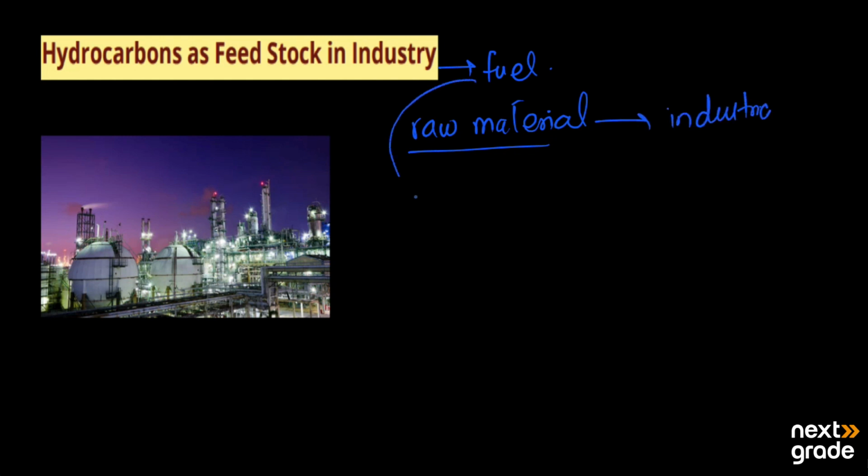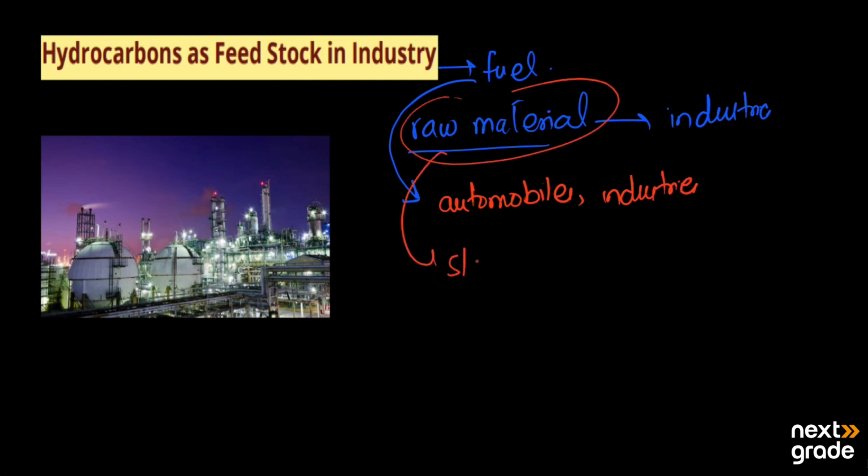When we talk about their use as a fuel, it is also used in the automobiles and in the industries. Along with it, it is used as a raw material. Raw material means the starting material for the production of different substances. All the industrial work happens due to the feedstock. Feedstock means the starting material or the raw material that we use for the production of different substances.